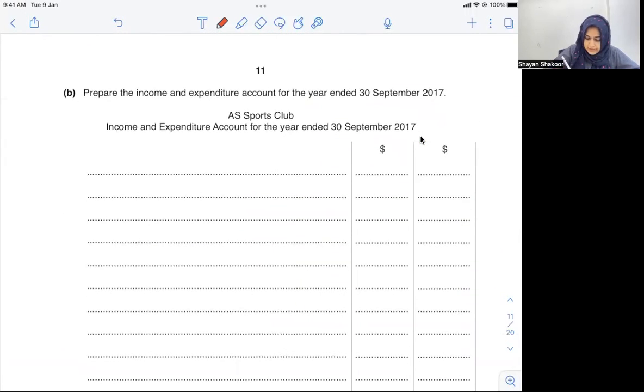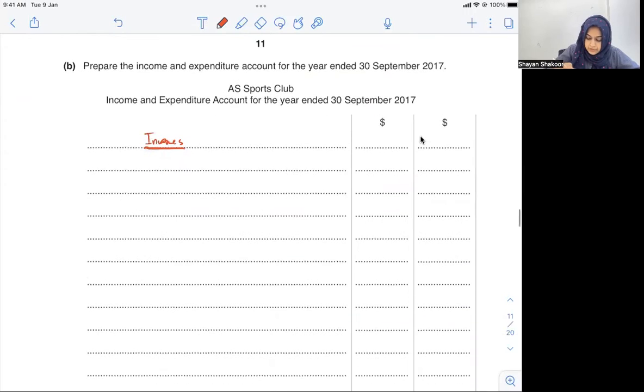But it's very simple. We need to start with incomes. And what we do here is we simply write, okay, सबसे पहले तो हम लिखते हैं subscriptions. Subscriptions आपके हर सवाल में होती है. You need to know that in every question you will find subscriptions.